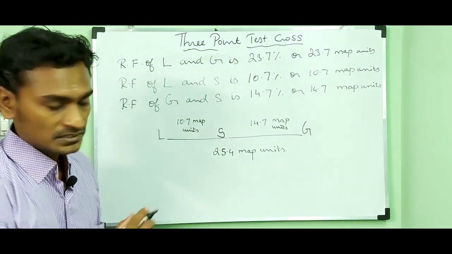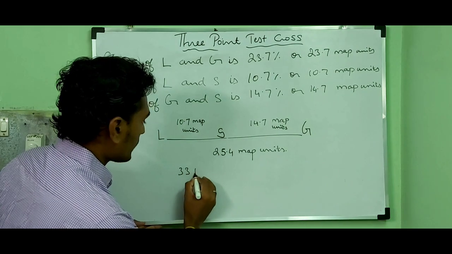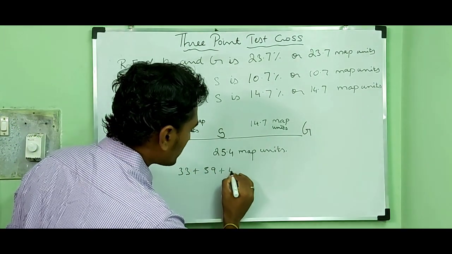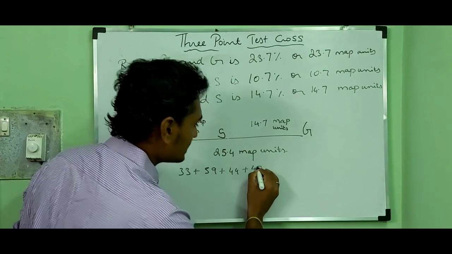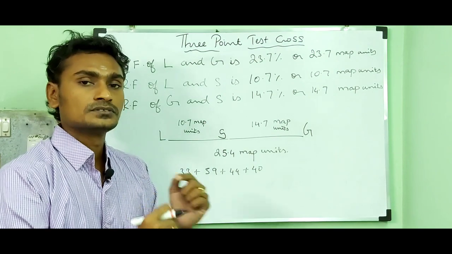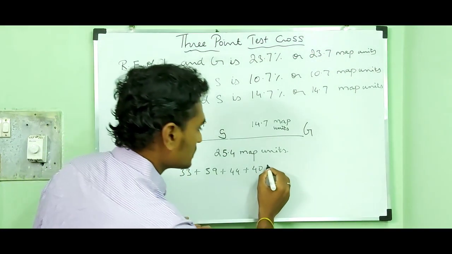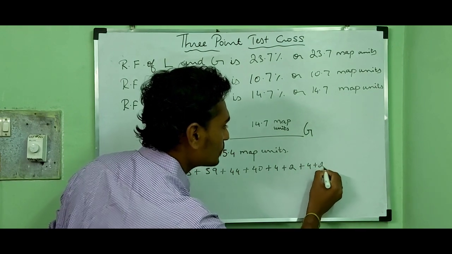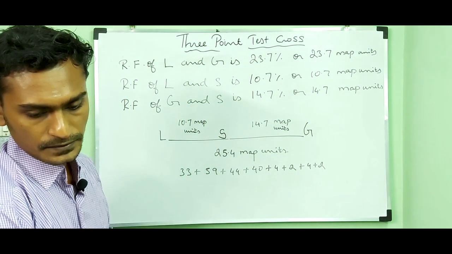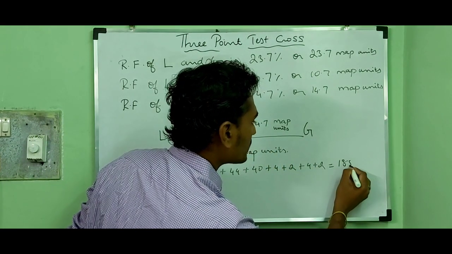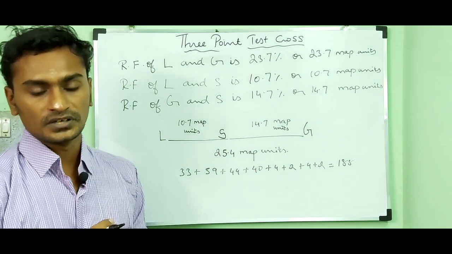That means 33 plus 59 plus 44 plus 40 plus, here we have to count the double recombinants twice, so 4 plus 2 plus 4 plus 2, is equal to 180.